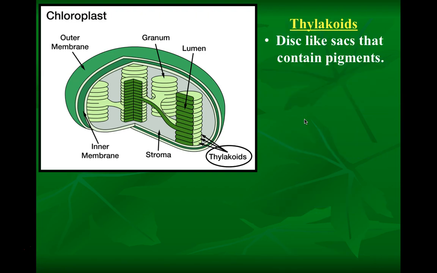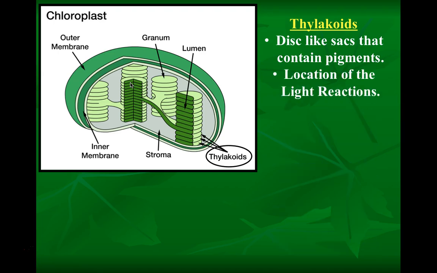The first structure is called a thylakoid, and a thylakoid is a very thin disc that contains the pigment chlorophyll. So if you can see here how these thylakoids have been cut open, they have an empty space in between them filled with this pigment called chlorophyll, which is this green pigment that gives plants their green color.